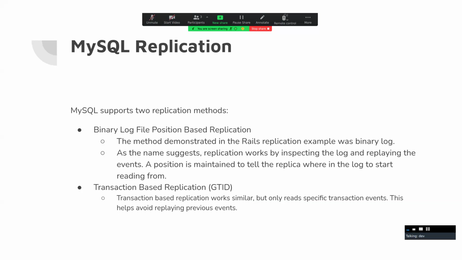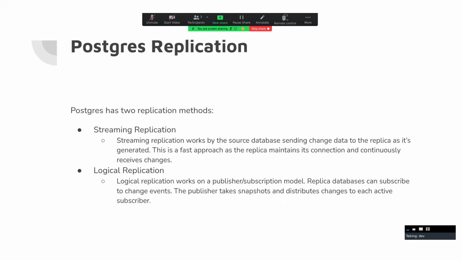And then in Postgres, they have two methods as well. Streaming is similar, I think, to the MySQL approach, where you just have the replica that's constantly connected to the source.